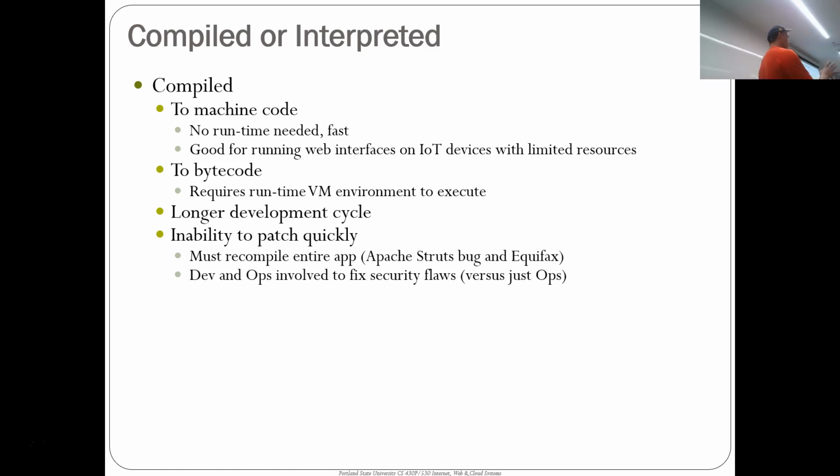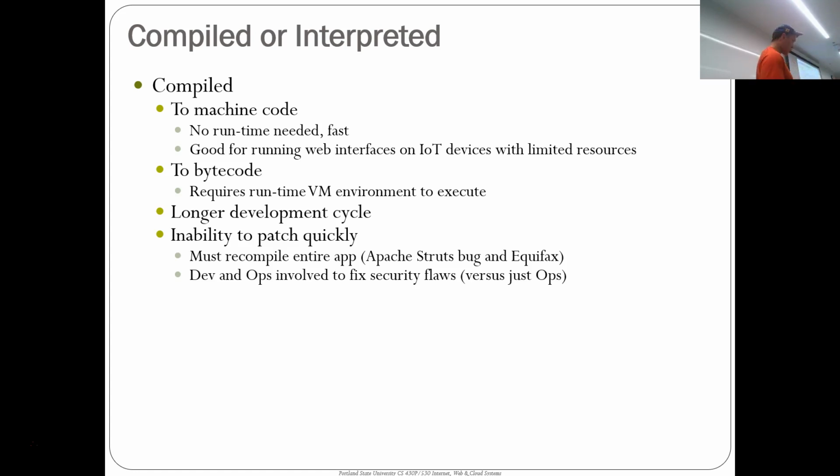Any bugs that you have in a compiled web application, if you're an operations person and you realize there's a security vulnerability, you have to actually go back to the dev team and have the dev team do something about it. Whereas what you would like to do as an operations team is just to update the vulnerable package, for example. But in this case, if you have a compiled application, you actually have to go and recompile the whole thing. And so you need both dev and ops to fix any security issues versus just ops.